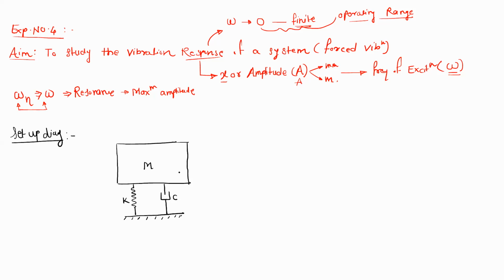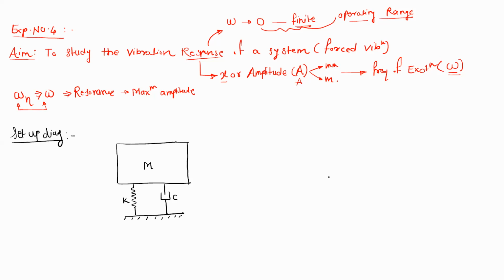So this is the system. We have taken a schematic system which carries one mass, and this mass is supported on a spring and damper. We can assume this is the model of a vibratory platform.